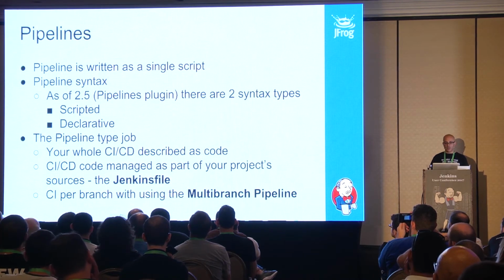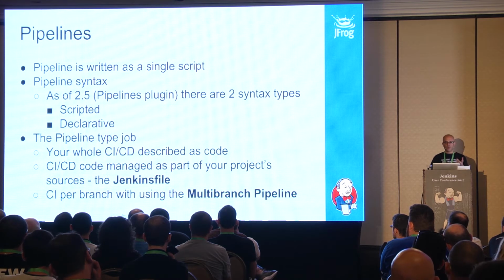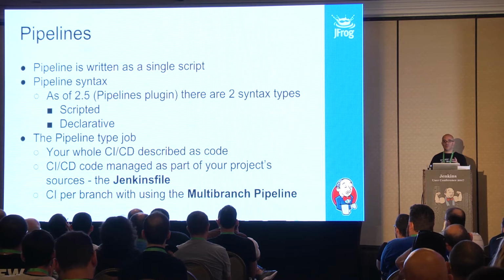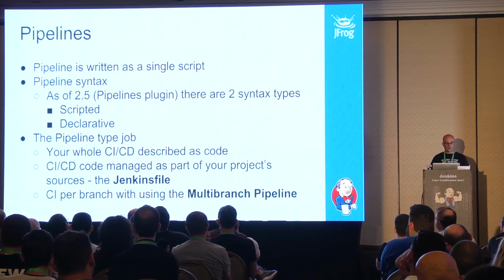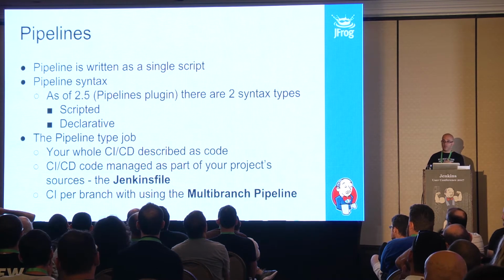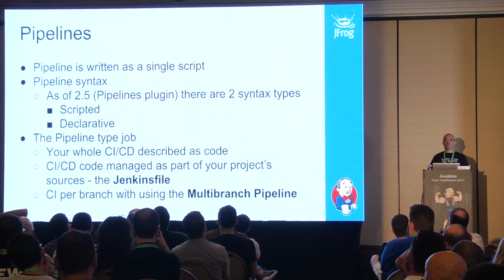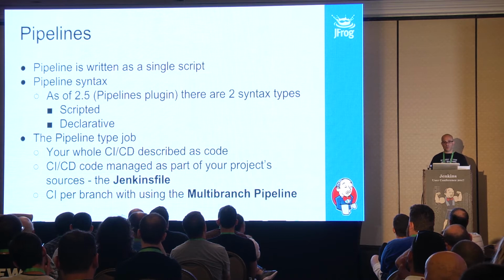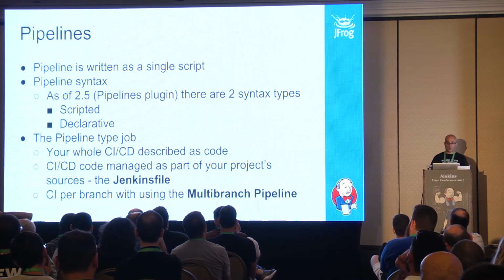Pipelines are written as a single script. It has a distinct DSL. We'll see examples. There are two syntaxes. As of pipeline version 2.5, there's a new declarative syntax. I'll show you examples later on, but the more familiar one is the scripted one.